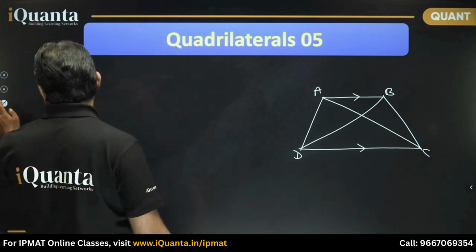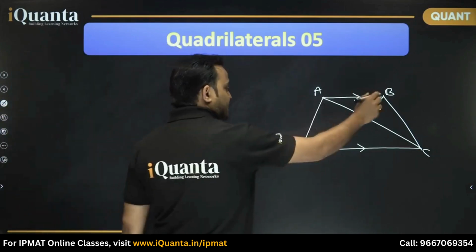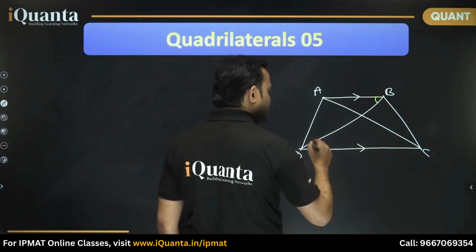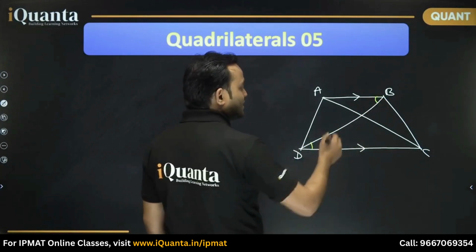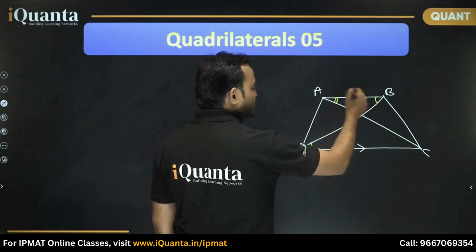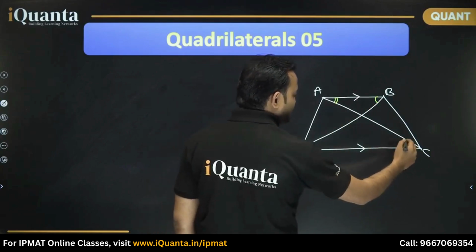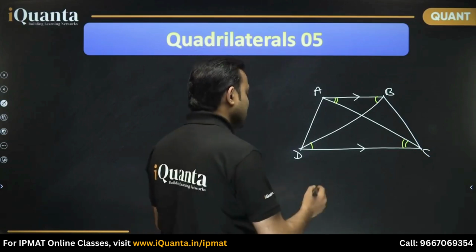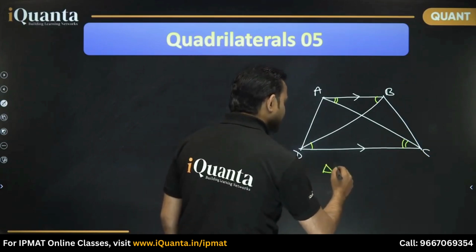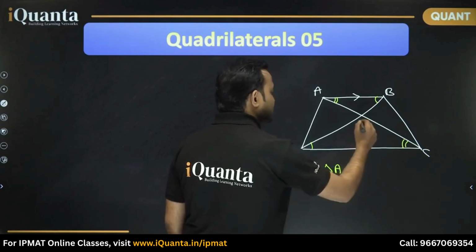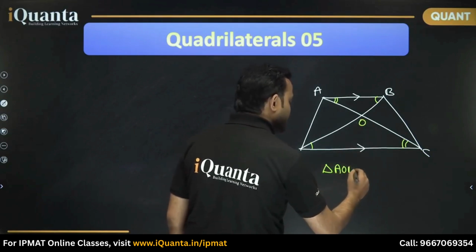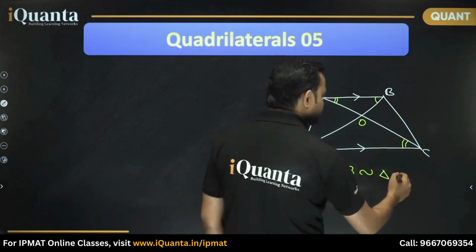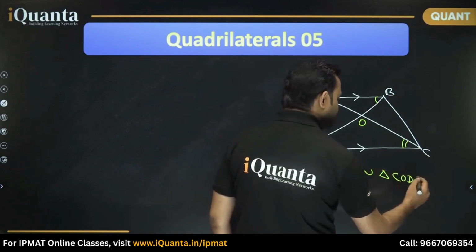So what can we say? That as line AB is parallel to DC, angle ABD will be equal to angle BDC, and angle BAC will be equal to angle ACD. So one very important concept that we get here is, if the intersection point is O, triangle AOB will be similar to triangle COD.